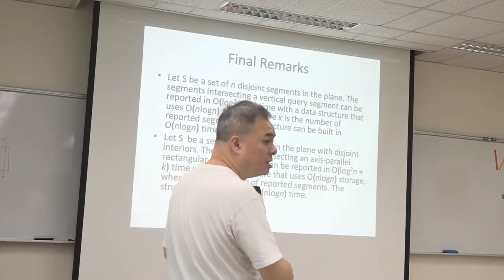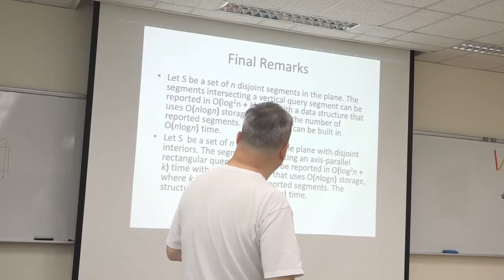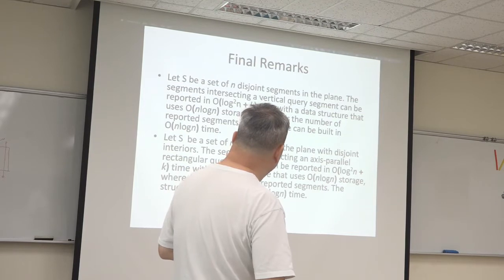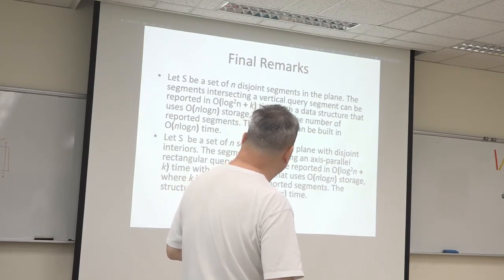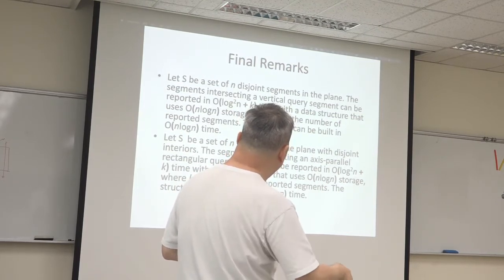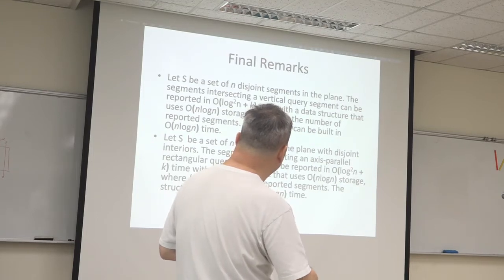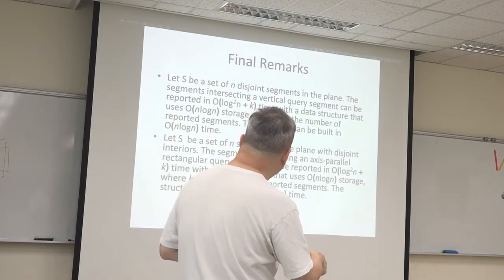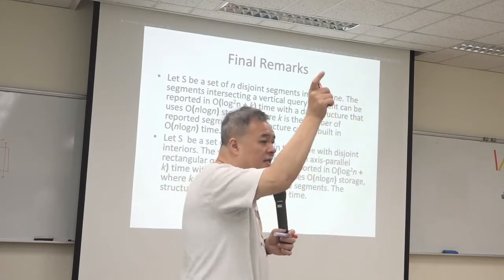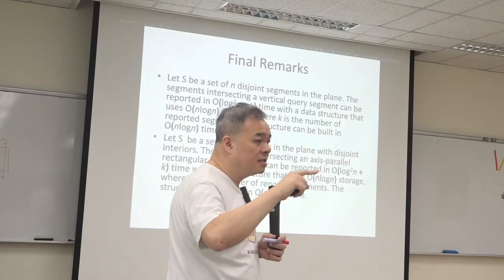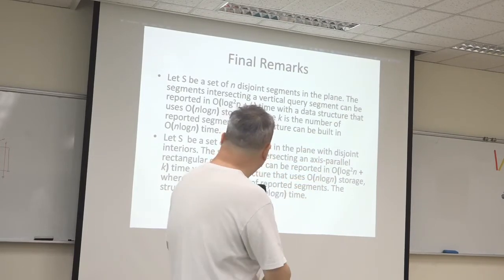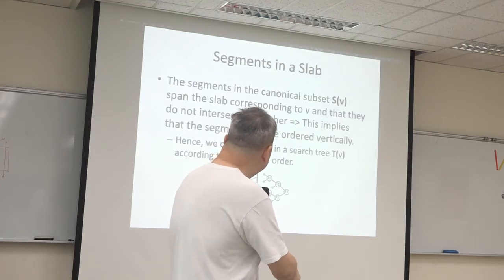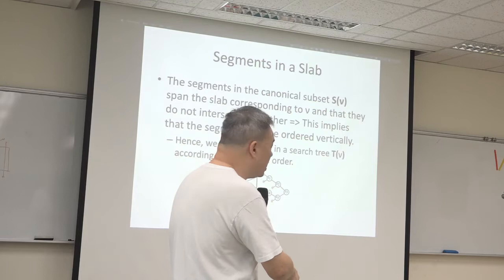Okay. Yes. The time complexity of log² n plus k is caused by the range tree, right? You mean this one? Okay. You need log n to find the slabs that contain Qx, right?